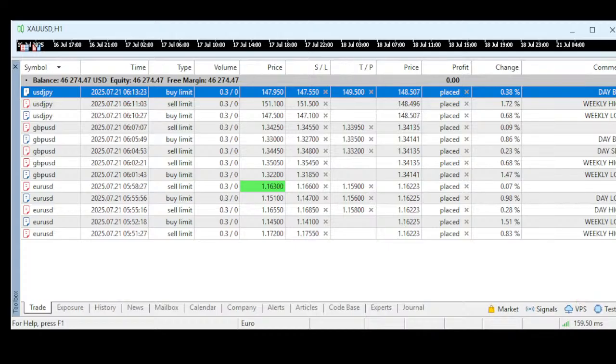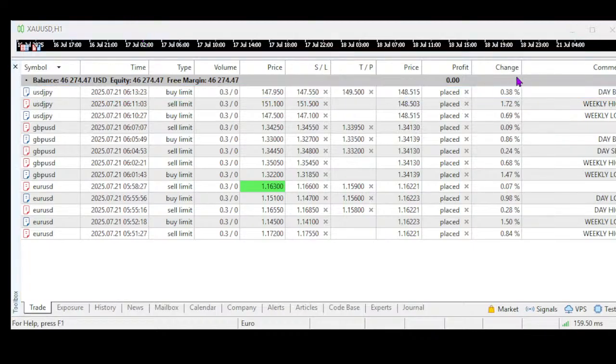Then we will go for a day sell at 50. That means we are expecting the price to break the previous high.